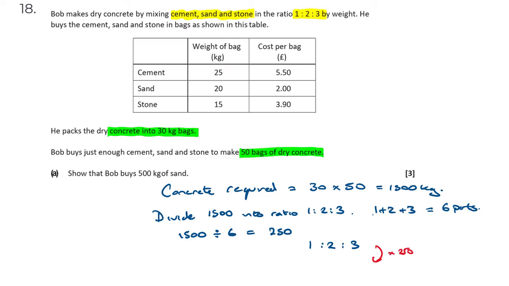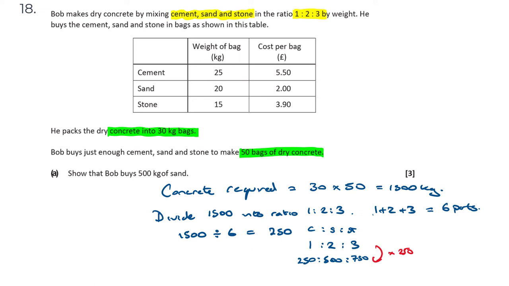So that means we need, so the first one, remember, was cement, and then it was sand, and then it was stone, which annoyingly is the same initial as sand, but anyway. So one lot of 250 is 250, two lots of 250, that's 500, and three lots of 250, that is 750. Okay, so that means we need 250 kilograms of cement, 500 kilograms of sand, and 750 kilograms of stone.